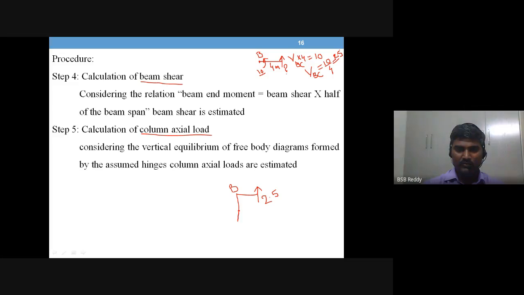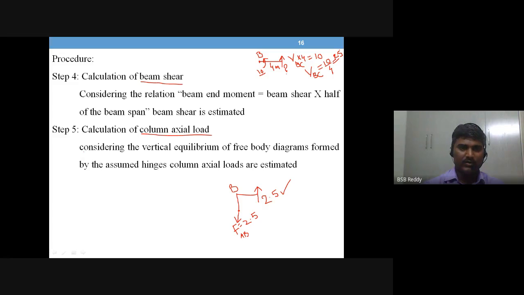For the free body diagram of that portion, you need a 2.5 downward force here and a 2.5 upward force, so that sigma Fy is 0. So the axial force F in column AB is calculated by just applying sigma Fy equals 0 to this free body diagram.